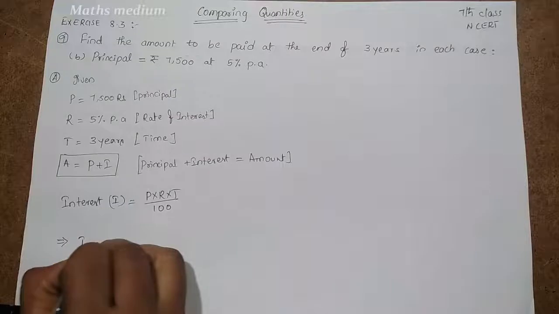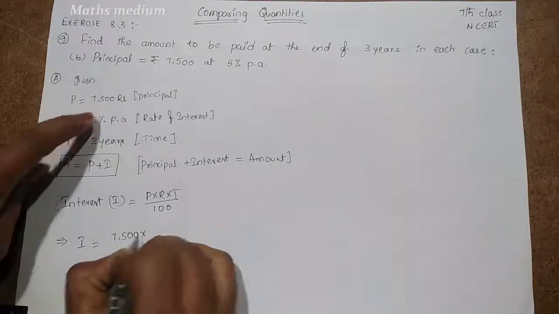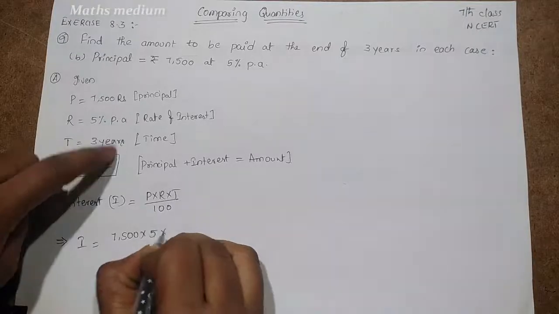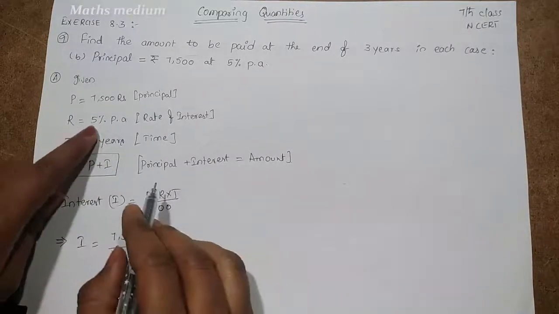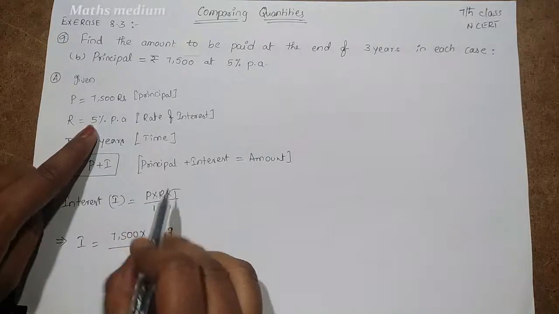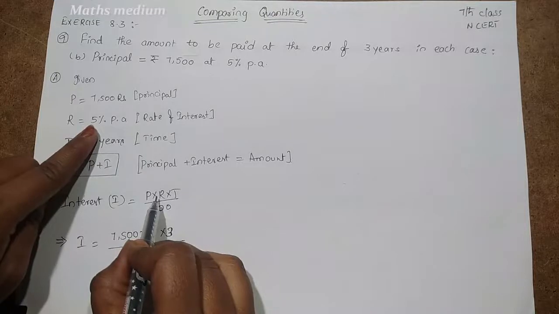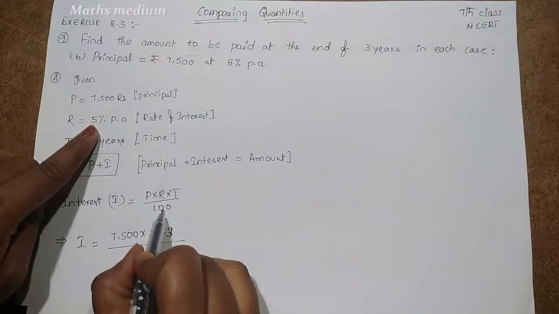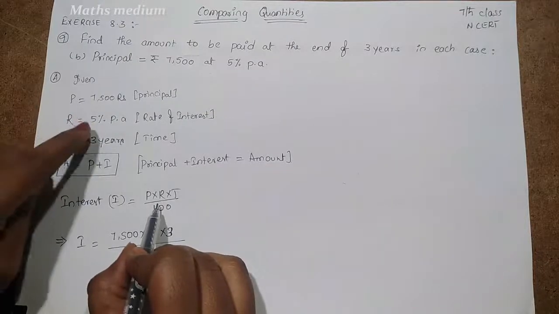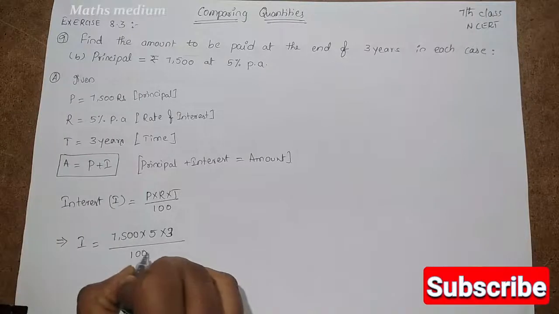I is equal to P, 7500, into R, 5, into time T, that is 3 years. Here one thing we have to remember: R is 5% only, but we don't use 5 by 100 again here. In the denominator we already have 100, so take 5 only, and in the denominator 100.